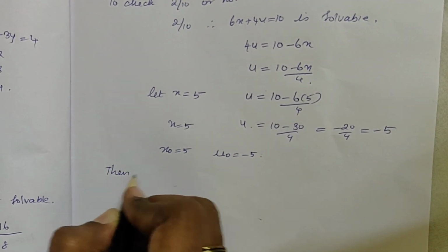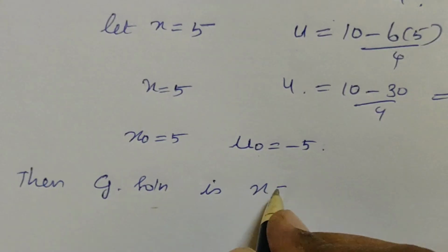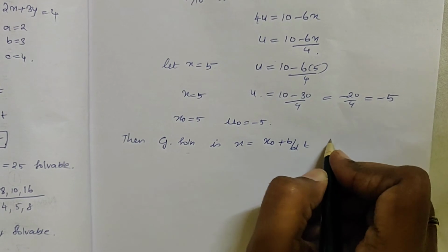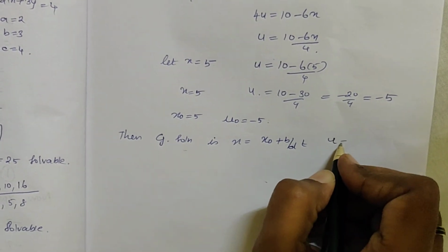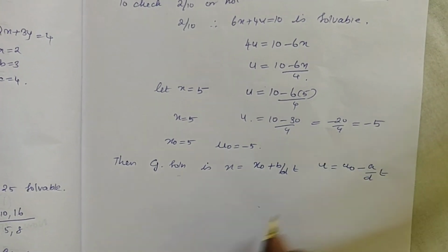Then the general solution is x equal to x naught plus b by d into t, and instead of y here we have u equal to u naught minus a by d into t.